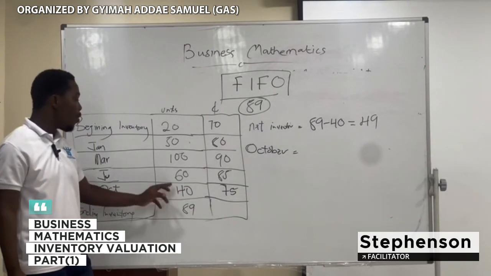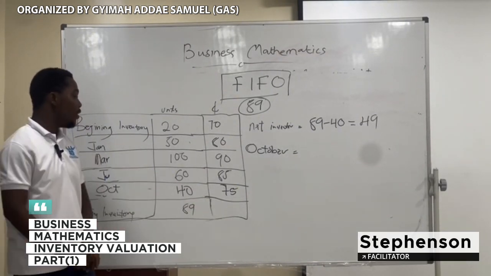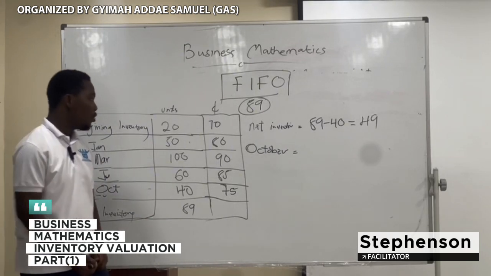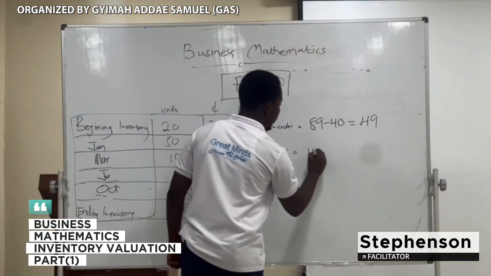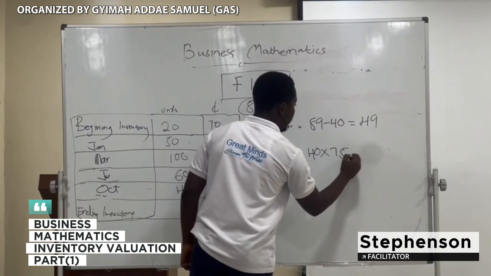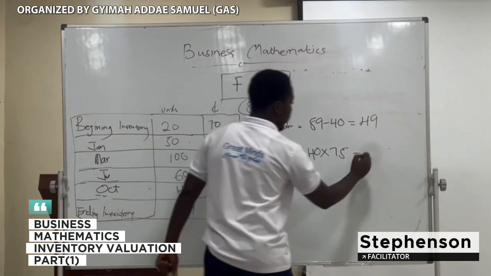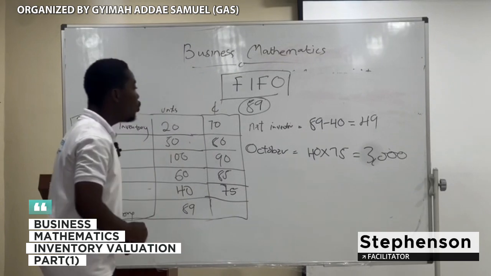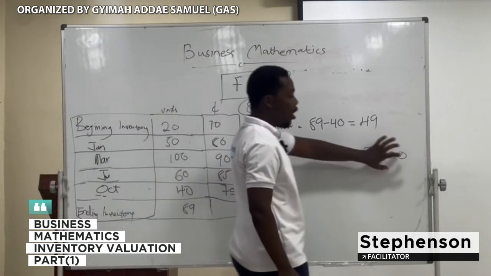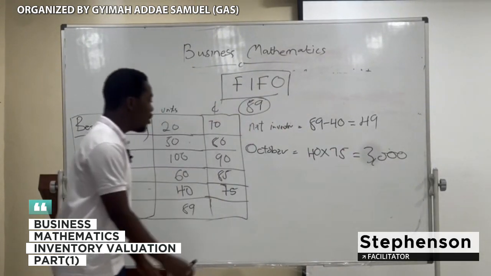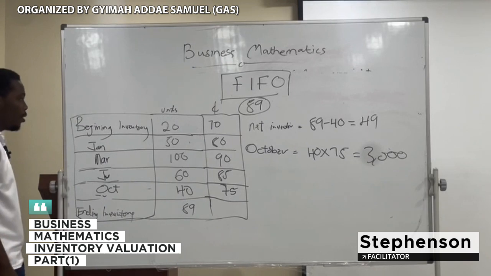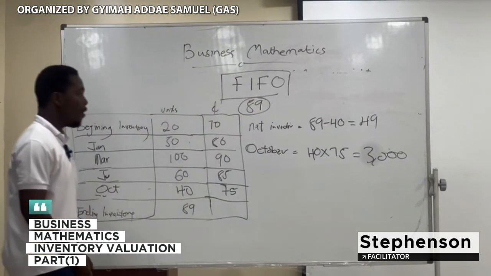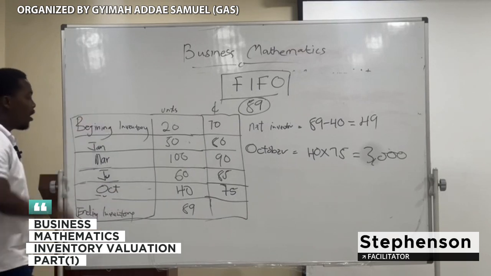So one of the 40 will cost 75. Our total for the 40 is 40 times 75, which gives us 3,000. This is the inventory valuation for only October. But we are still left with 49 inventory, so we have to move it to the next month.